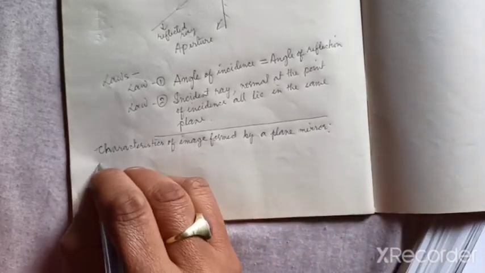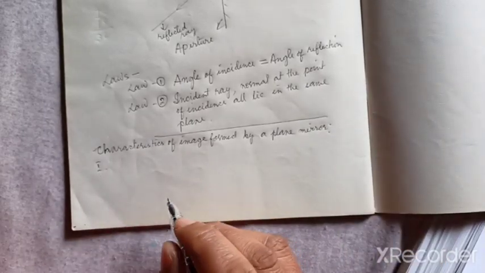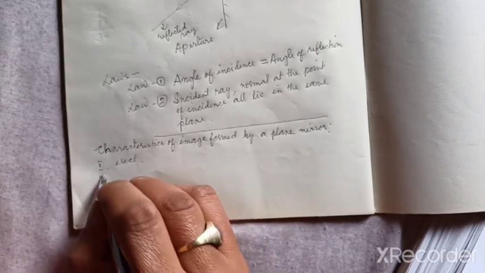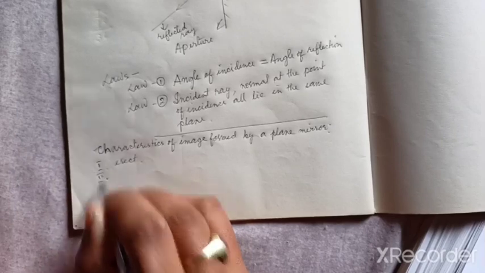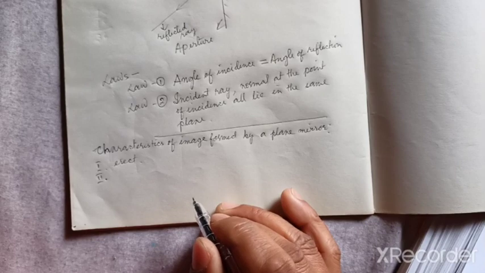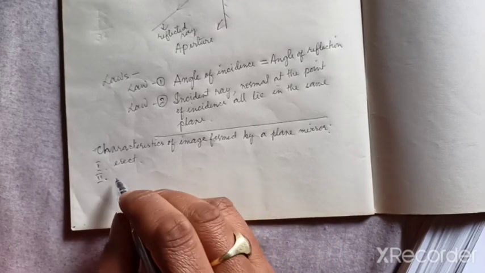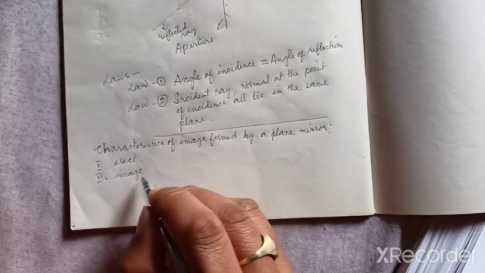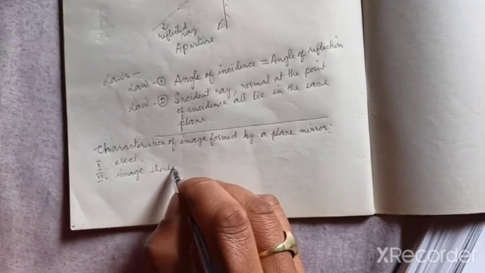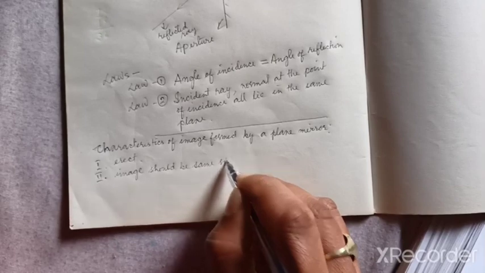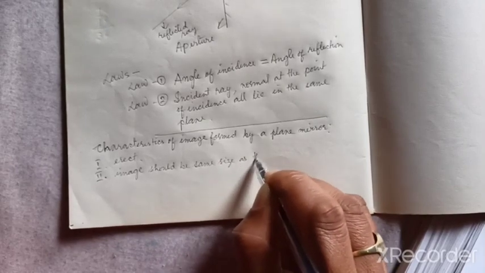Let's see. Point number 1, the image should be erect. And point number 2, the image should be the same size as the object.